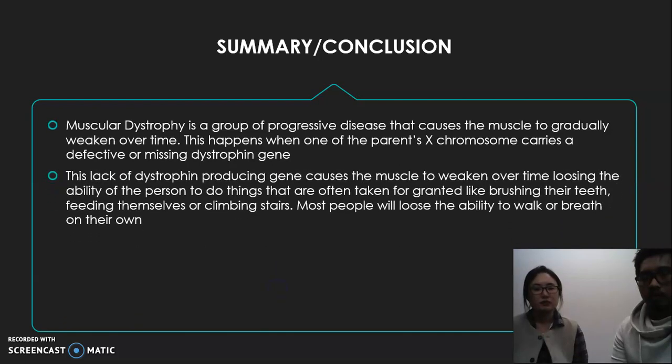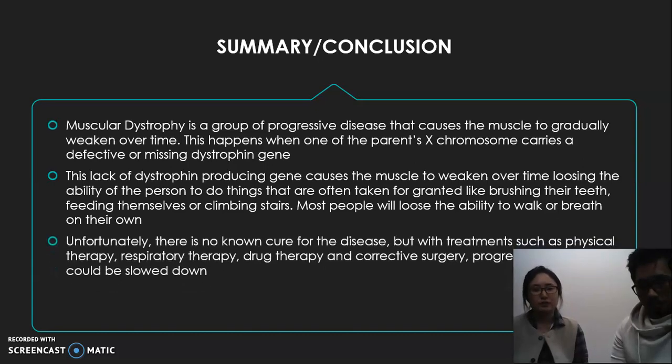This lack of dystrophin causes the muscle to weaken over time, losing the ability to do things that are often taken for granted, like brushing their teeth, feeding themselves, or climbing stairs. Most people will lose the ability to walk or breathe on their own. Unfortunately, there's no known cure for the disease, but with treatments such as physical therapy, respiratory therapy, drug therapy, and corrective surgery, progression of the disease could be slowed down.